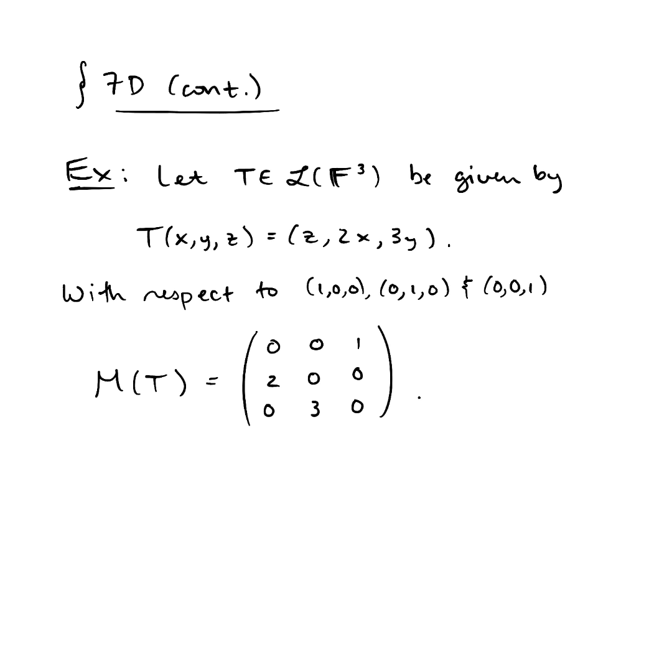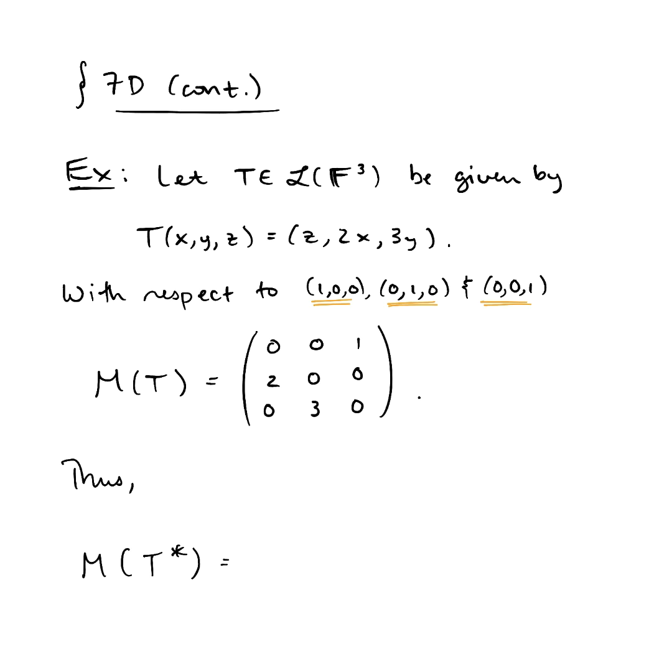Now, because this standard basis is orthonormal with the usual inner product on F3, then for free, we get the matrix representation for T star. If you built your matrix for T out of an orthonormal basis, then the matrix for T star is just the conjugate transpose of that matrix.